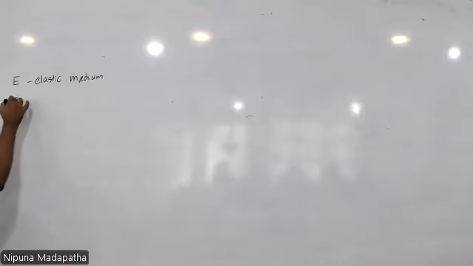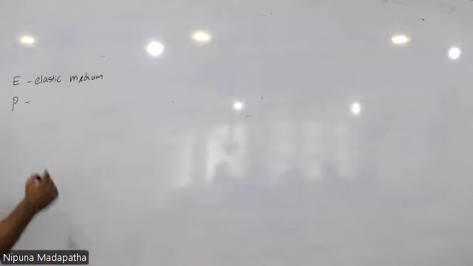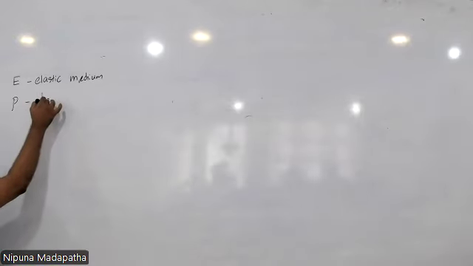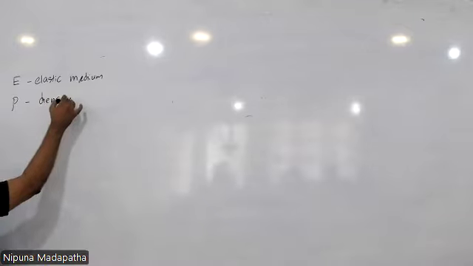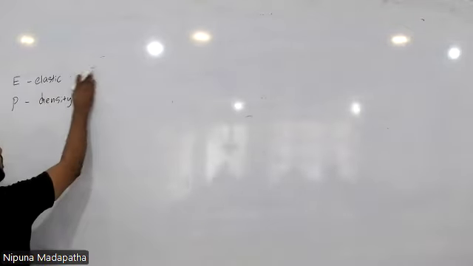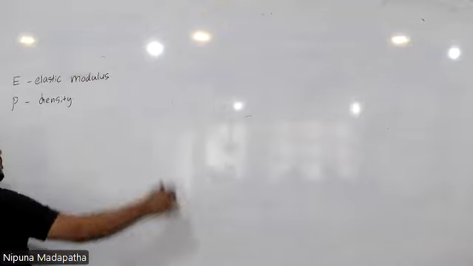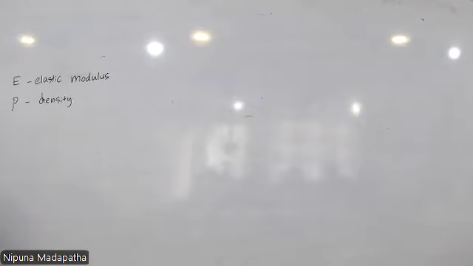density is another factor that decides the speed of a longitudinal wave in a medium. So these are the two factors: density and elastic modulus. Right? So speed of a longitudinal wave depends on these two quantities. This is the relationship.